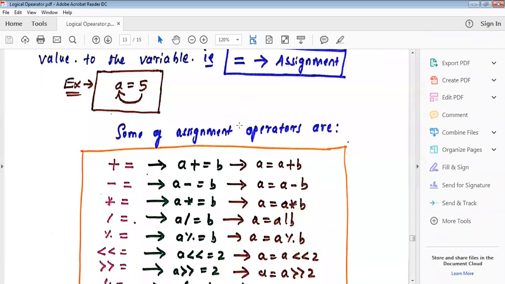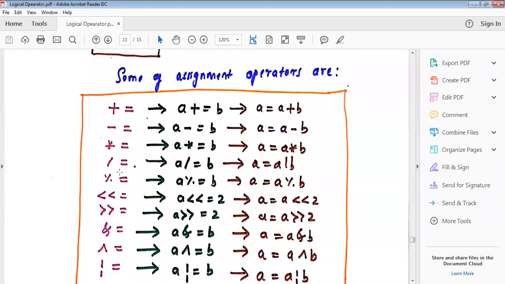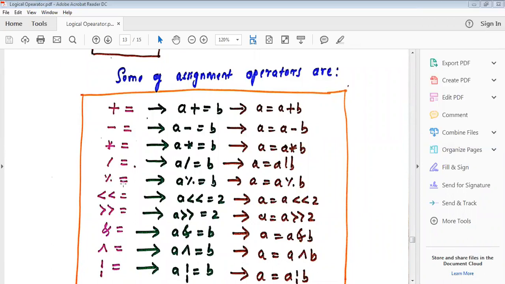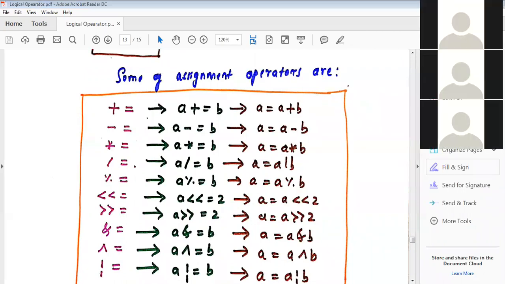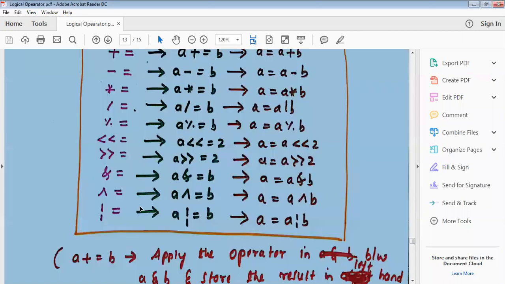Some assignment operators are plus is equal to, minus is equal to, star is equal to, division is equal to, percentage is equal to, less than is equal to, greater than is equal to, and is equal to, cap is equal to, then or is equal to.